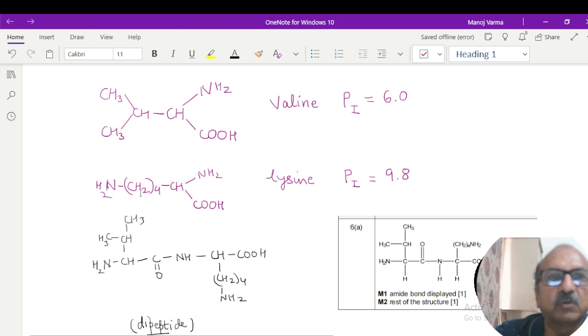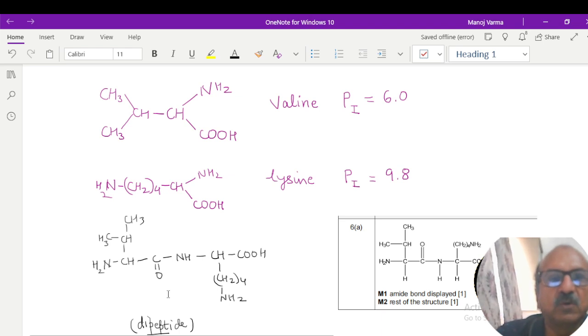This isopropyl group comes over here, and then this CO group comes here, and I have taken this NH2 group over here, and this group over here, and the COOH group over here, and between the COOH and the NH2, a water molecule is eliminated, giving the CONH linkage. So this is the formula of the dipeptide.